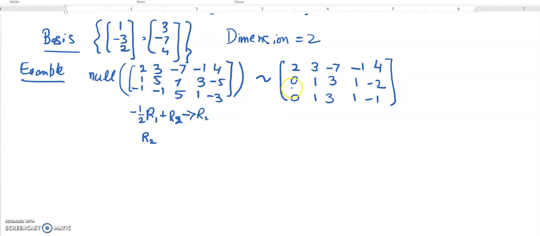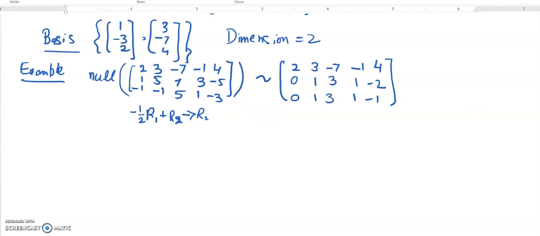Okay, you can verify these calculations. For saving time, I am not doing these row operations or calculations here, but it can be easily checked.